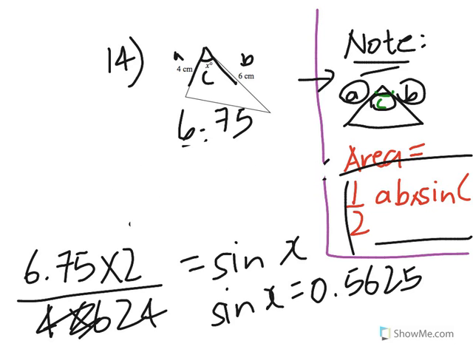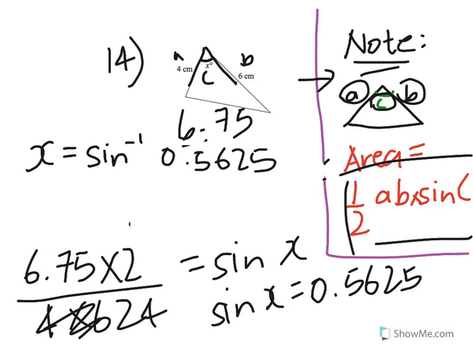Now on your calculator, you don't just divide both sides by sine. That's impossible, because sine is a function. So on your calculator, you have to solve for x. You need to do this thing called sine inverse of 0.5625. And don't worry, you'll find the sine inverse on your calculator. You can't divide both sides by sine, so you take the inverse function, which is sine inverse.